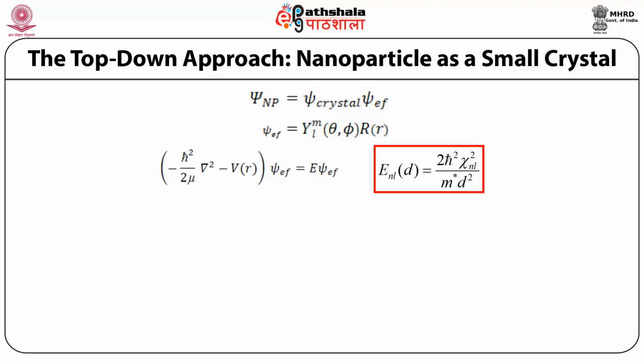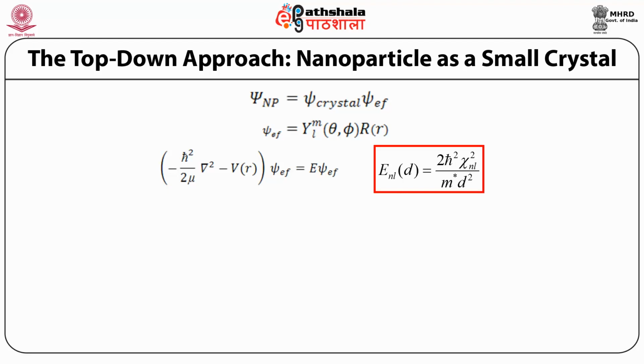So psi EF will be equal to Y LM as a function of theta phi multiplied by R(r). So the envelope function is similar to the wave function describing the electron in the hydrogen atom. Only difference is the potential experienced by the electron.